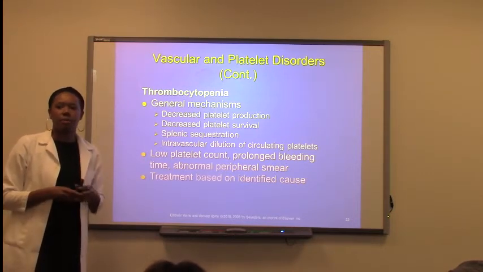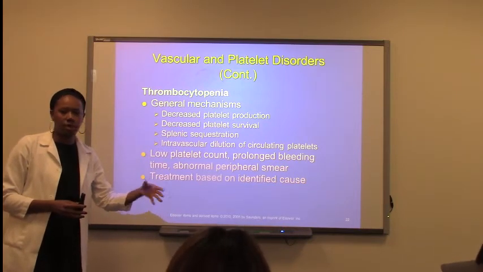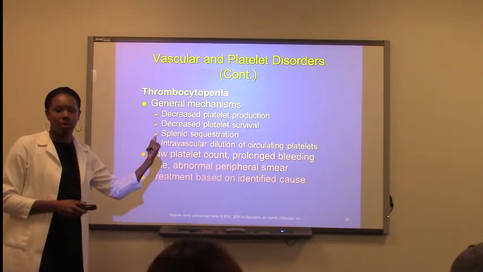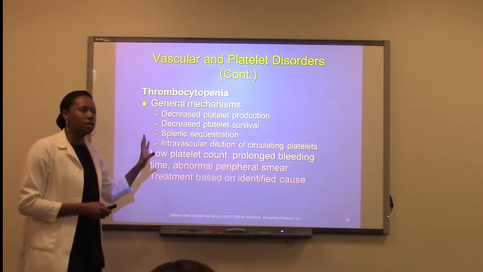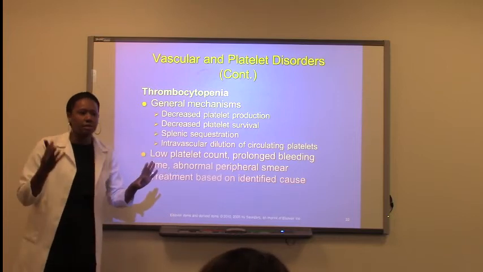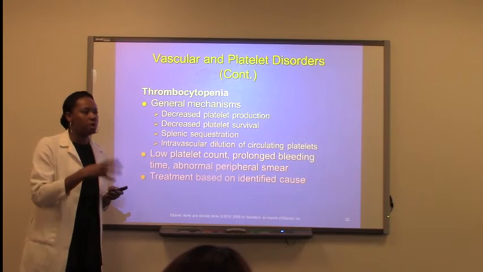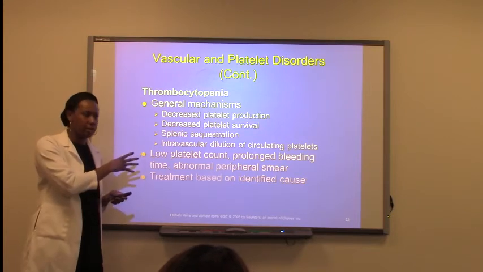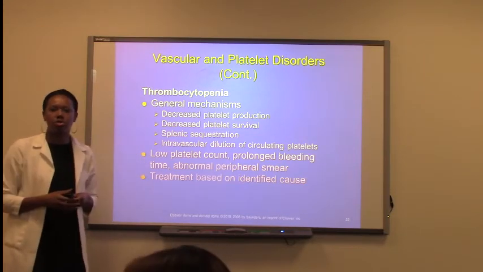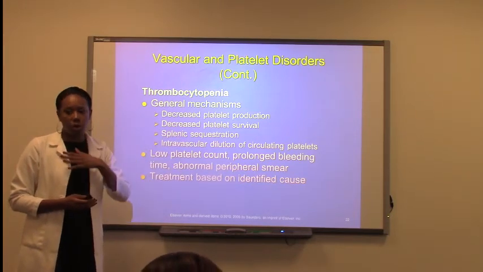So say, for example, a patient that has leukemia or any cancer, yes, they're going to have bone marrow suppression, possibly putting them in a state of thrombocytopenia. Even a patient that has AIDS, if for some reason they are immunocompromised and it attacks the bone marrow and puts them in bone marrow suppression, they can also have bleeding issues because of this. So just keep in mind that there can be a lot of different causes of thrombocytopenia.